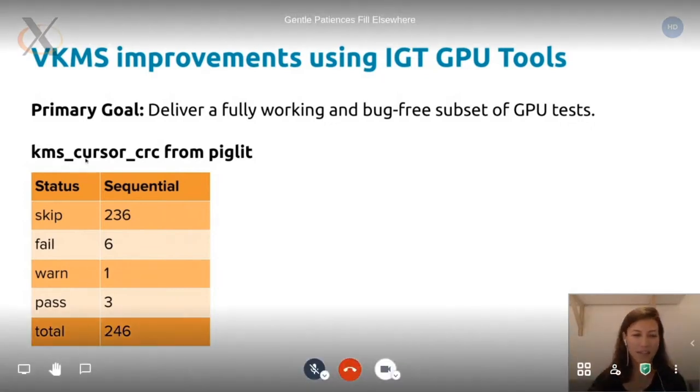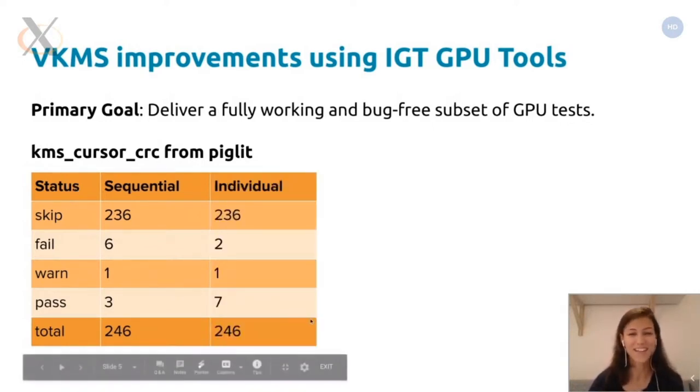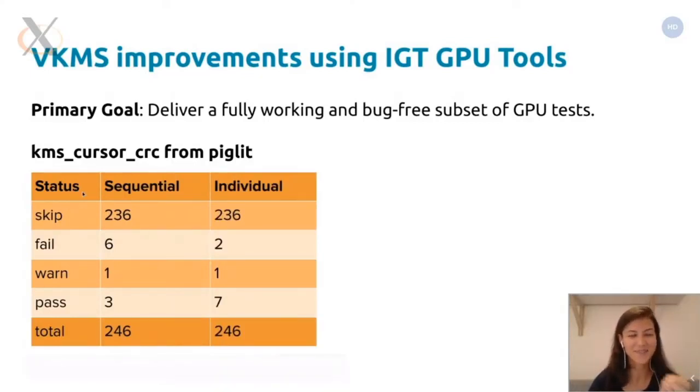That was the KMS cursor CRC. To get a sense of the amount of work, I started by checking the status of this test for VKMS. However, things didn't start so well here.